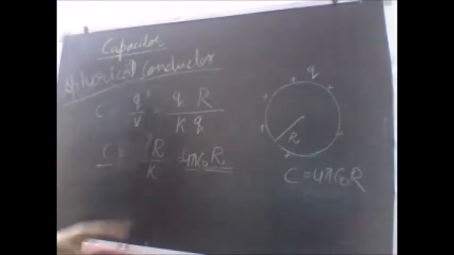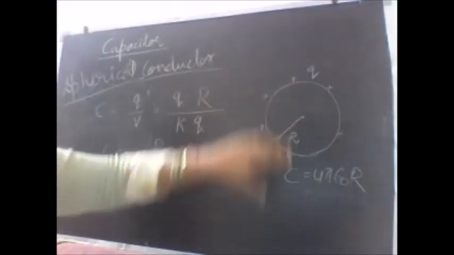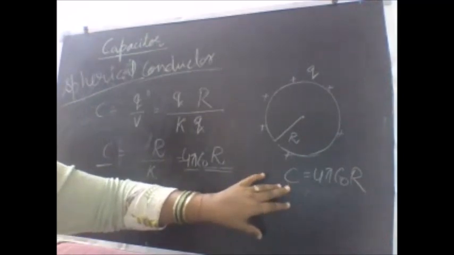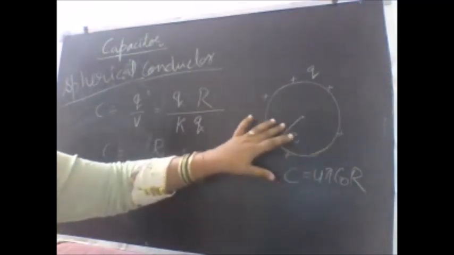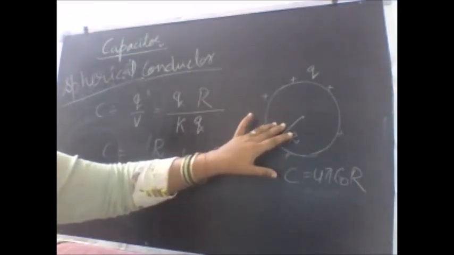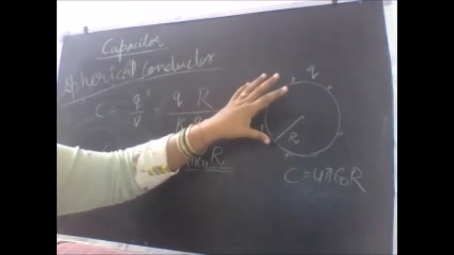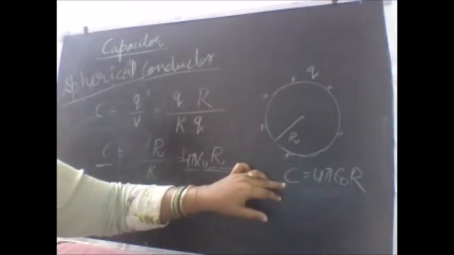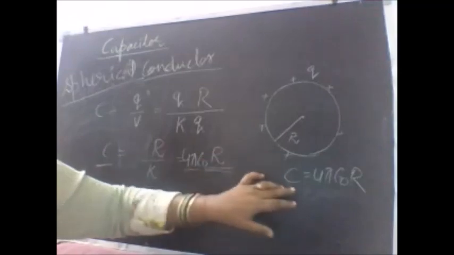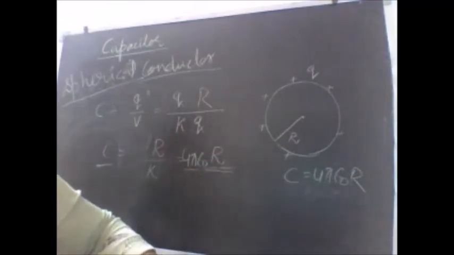More the radius, bigger the sphere, bigger the capacitance. If I take the intervening medium to be say air, and I am enlarging the sphere, the capacitance should increase. From this formula, you can calculate the capacitance of the earth.